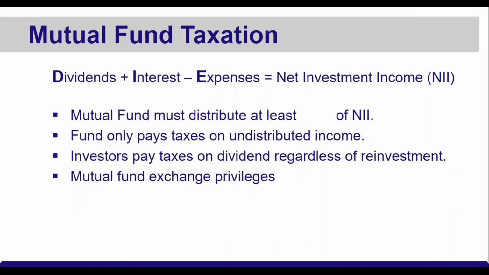All right, now funds are required to make distributions annually. So there will always be a tax consequence with your mutual funds, and they're required to distribute what's called the net investment income. I would be familiar with this formula. The net investment income represents what is generated by the portfolio.